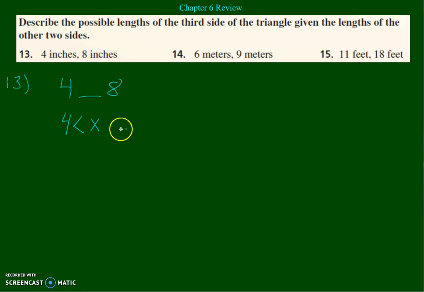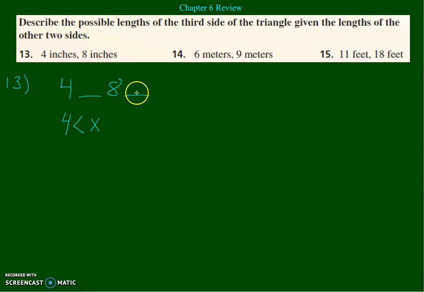Now we're looking for the other number that goes out here. Well, 4 plus 8 is 12. If these are already the lengths of our two sides, and I stack a length of 4 plus a length of 8, making some straight line, if the third side length were equal to 12, these wouldn't actually make a triangle.